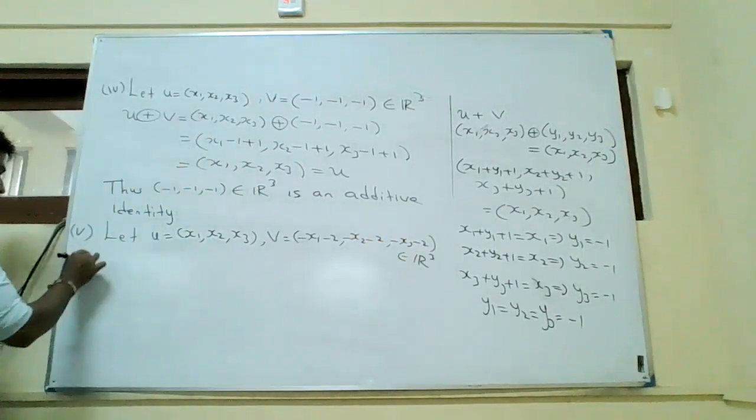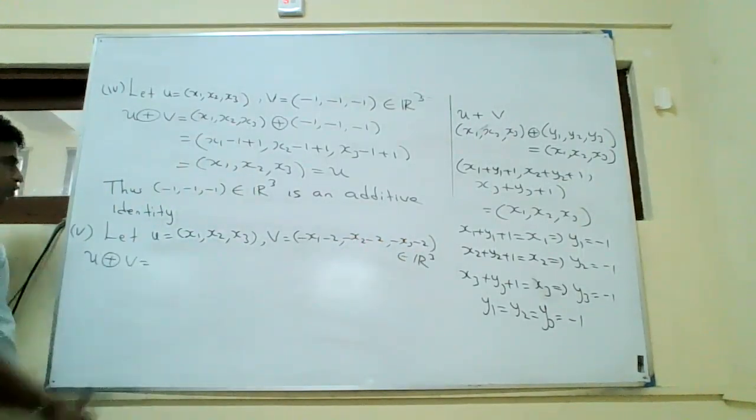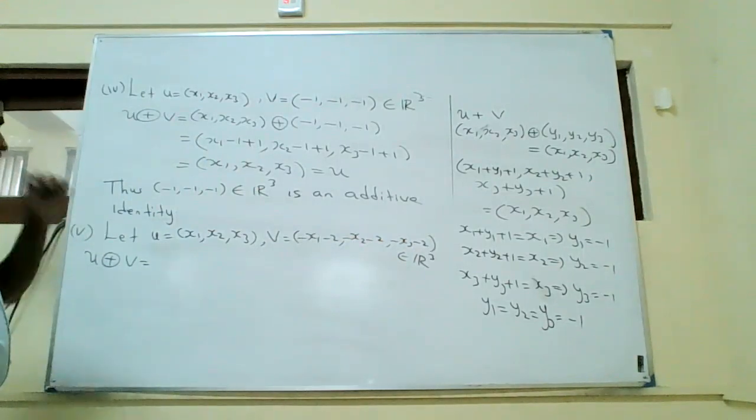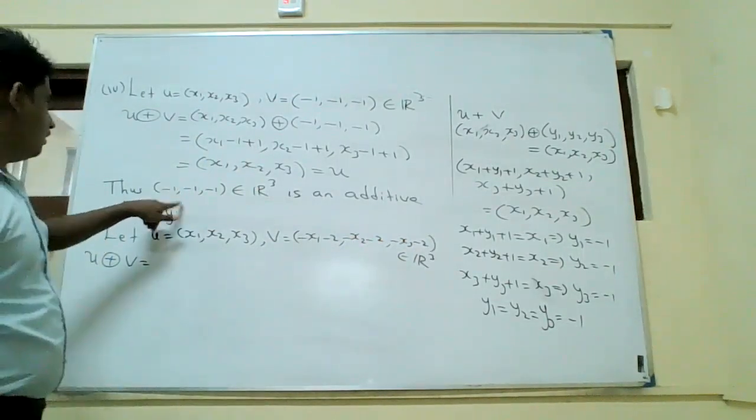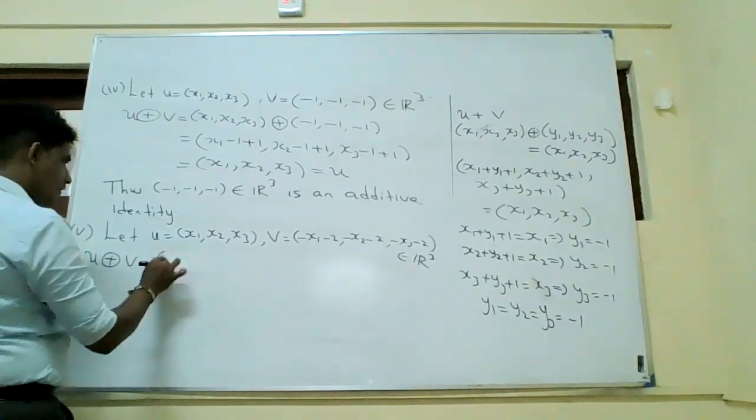Suppose you add u and b, you can get the identity values. Let me check that one.